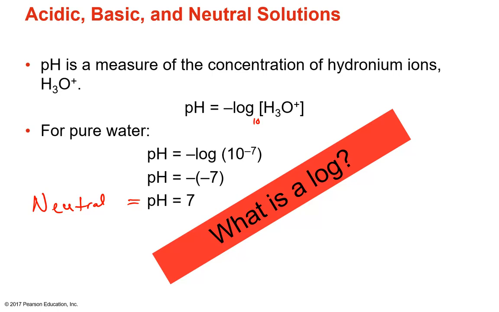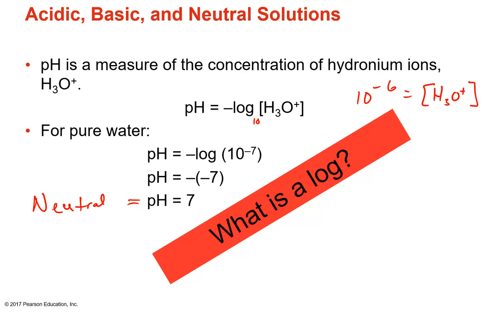If you have more hydronium, so let's say you had 10 to the minus 6 was your concentration of hydronium. Is that going to be a stronger or a weaker acid if it has more hydronium? The pH is lower, and lower pH is more acidic. Because it has more hydronium, it's more acidic.